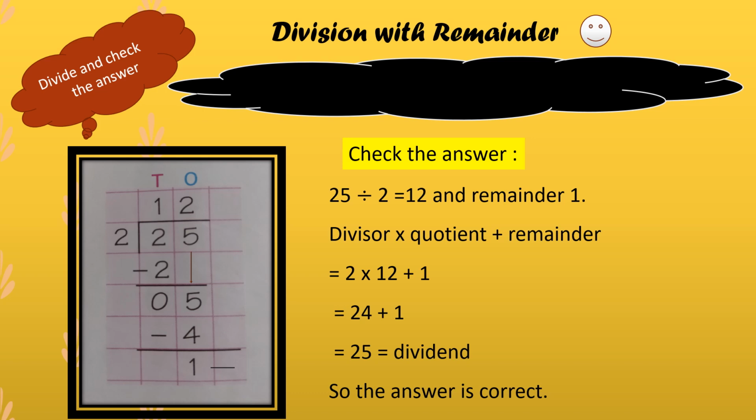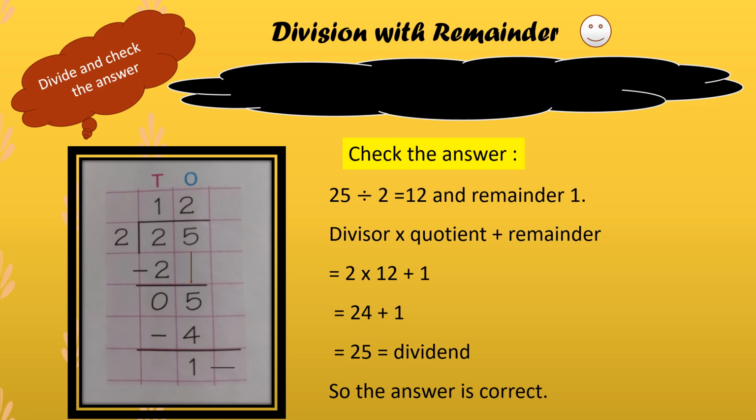And what we will do now? We will subtract. Yes. So 2 minus 2, that is 0. Then what will we do? We will bring down the number which is at the ones place, that is 5. So we will bring down 5. Now 5 divided by 2. See children, when we see the table of 2, 2 ones are 2, 2 twos are 4, 2 threes are 6. See, 6 is greater than 5.